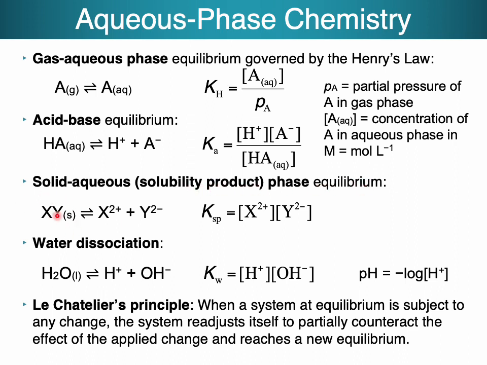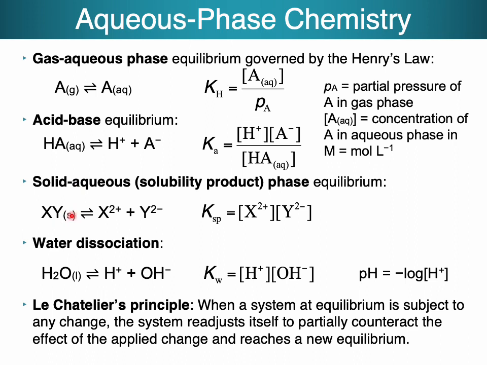A lot of minerals, for instance, calcium carbonate or sodium chloride. Sodium chloride usually dissolves completely, but for a lot of solids which do not dissolve completely, when they are put in water they are in equilibrium with the solution, like calcium carbonate.